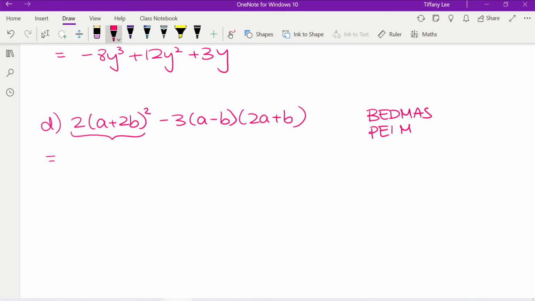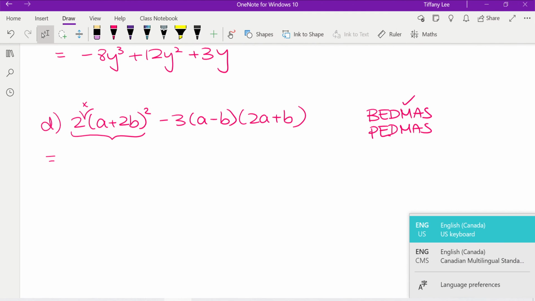Okay, here we have 2, and in between the brackets here, that's actually multiplication, right? It's 2 times a plus 2b. So here we have multiplication, but we also have exponents, right?